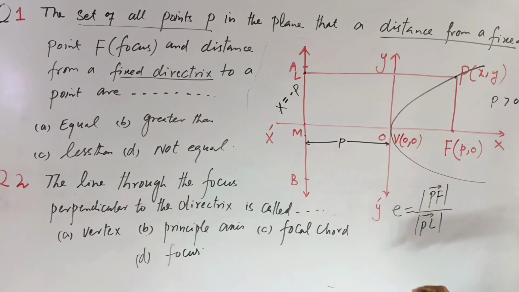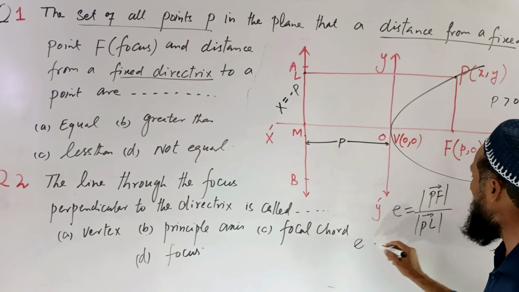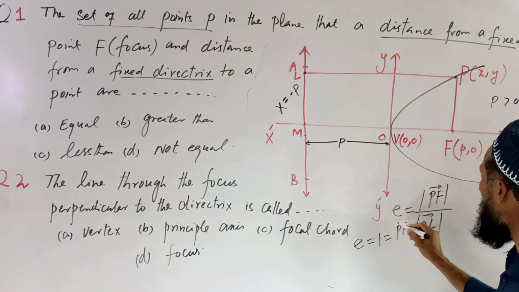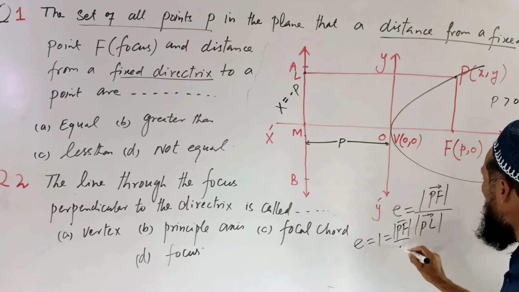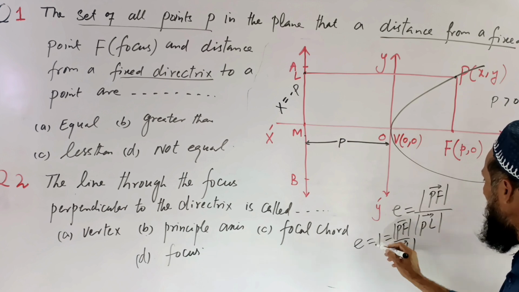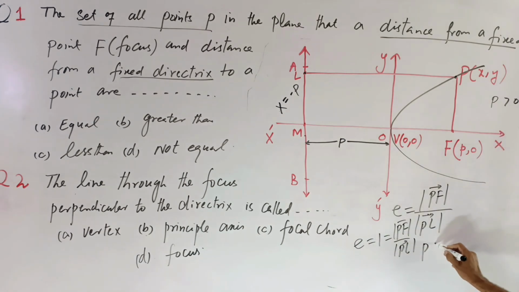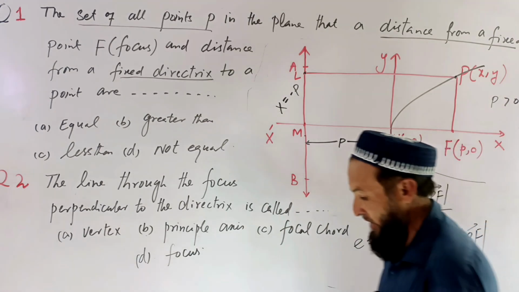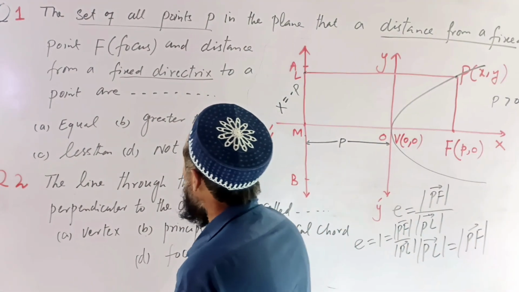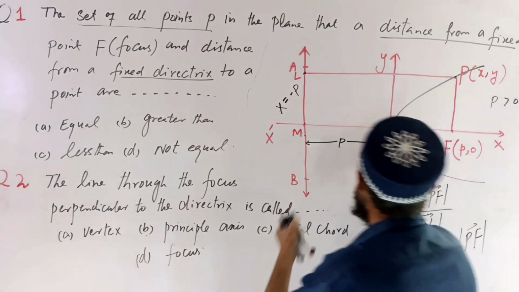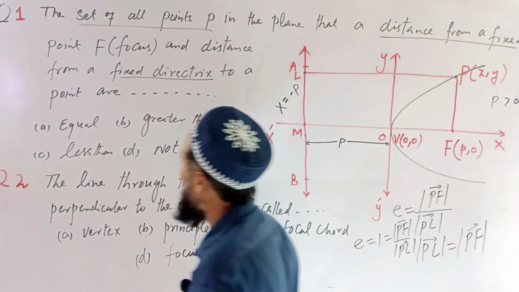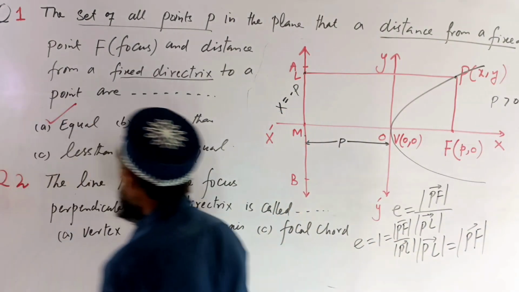The result will be 1 if the distances are equal, so PL is equal to PF. So this distance must be equal from there and there.